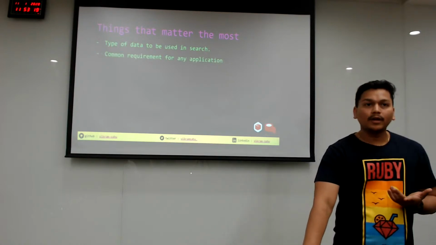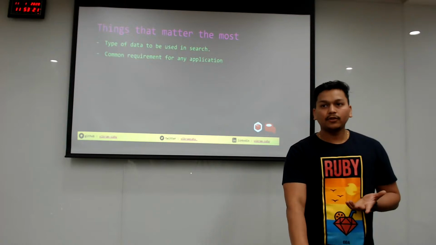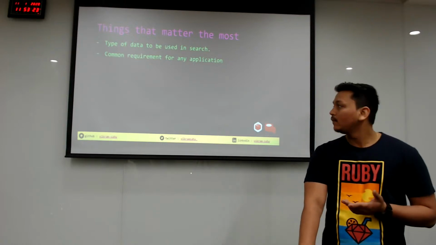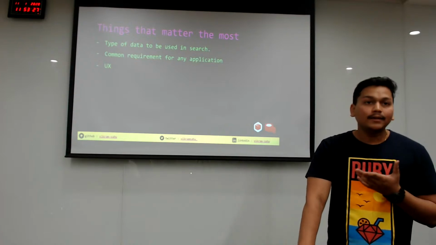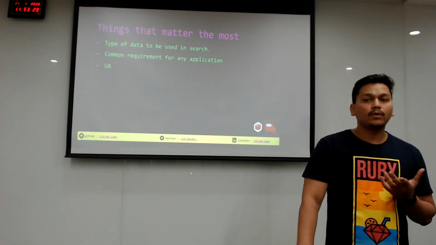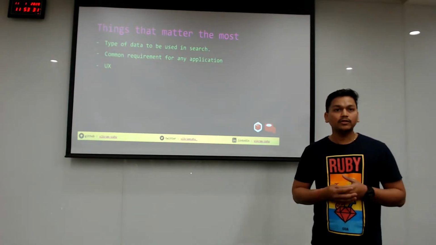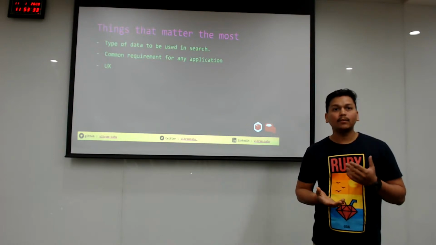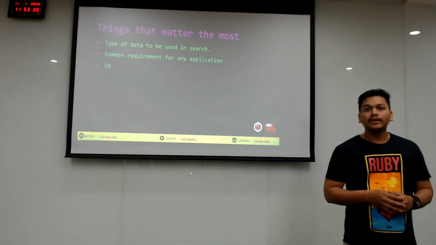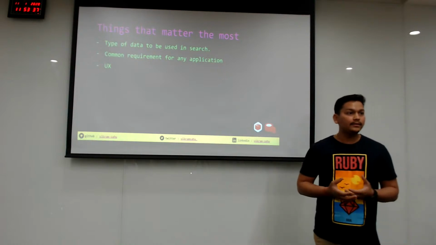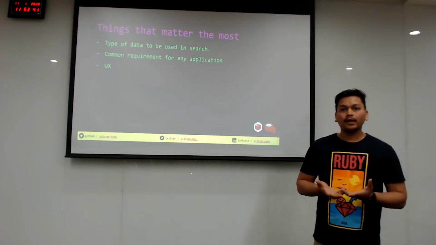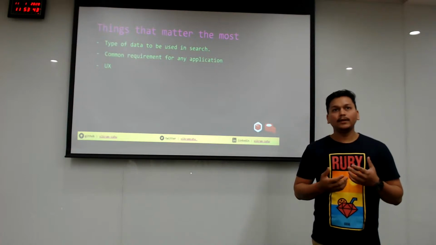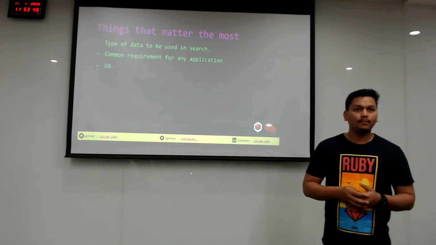So this is a common requirement for any kind of application nowadays, right? What matters is UX. With the growing technologies, Angular has come, React has come. These are dynamically loading content, and loading content from a database is good, I mean, fine.